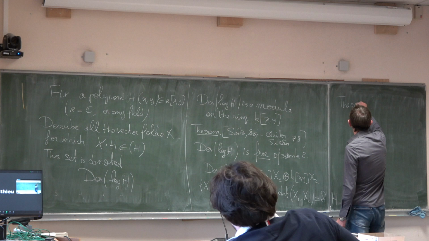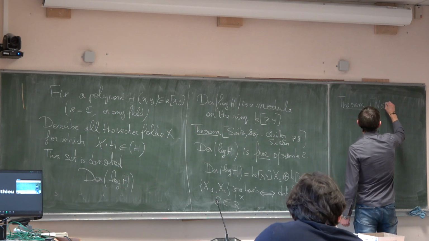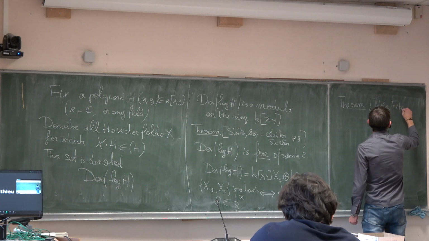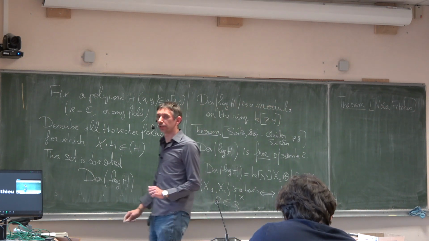And this is a theorem which is due to a group of mathematicians known as Noai Fichas. This is a group of Spanish mathematicians. So this is not a real name.